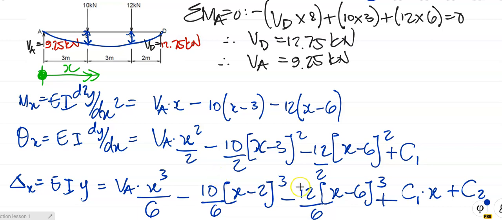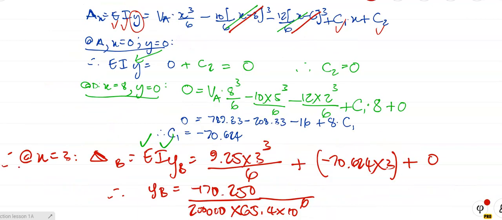We need to convert it all to newtons and millimeters. And at this point here, we multiply all of this by 10 to the power 12. Very, very important. That's a conversion factor which converts all of this so that the answer we're going to get there will be in millimeters. There we go.